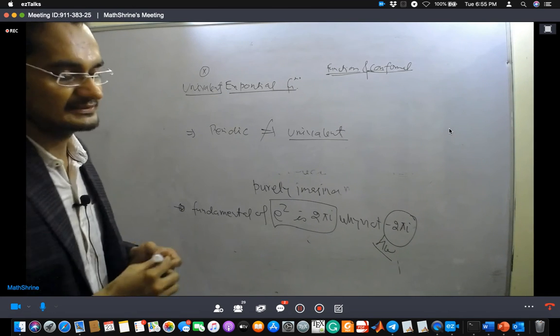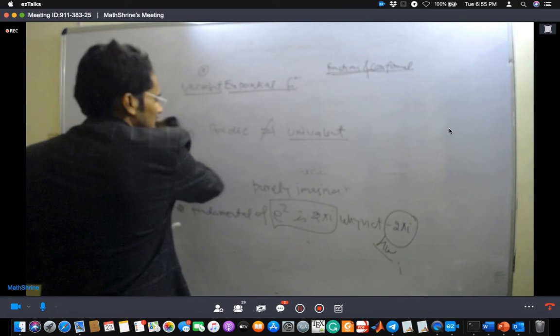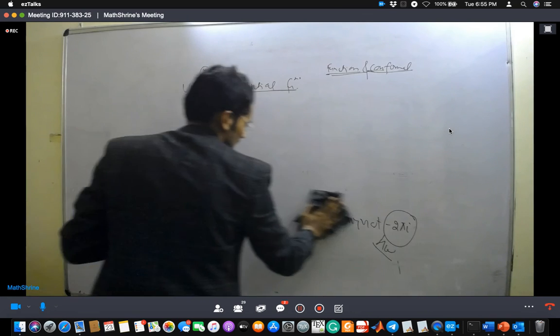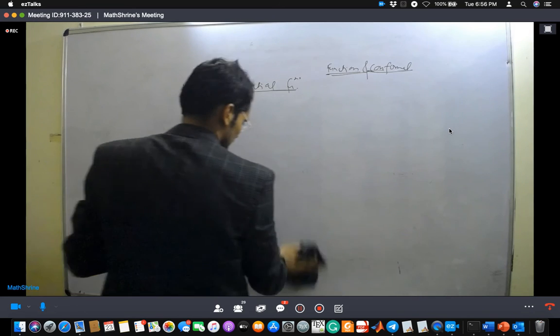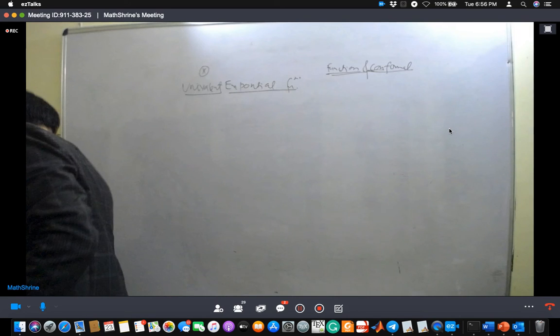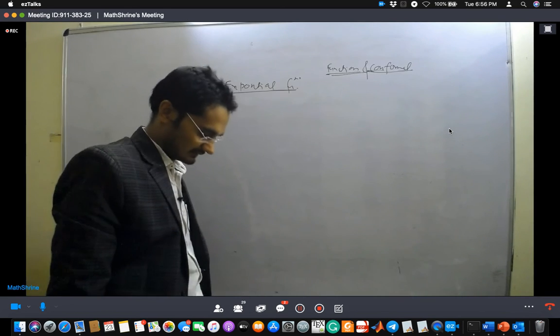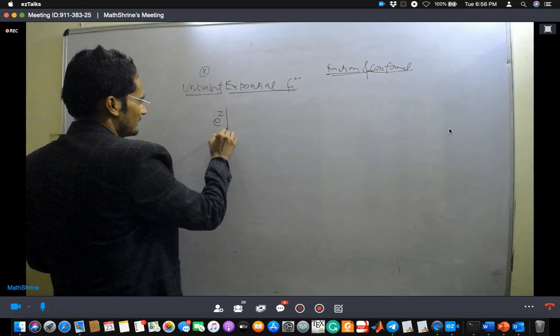If we remember, |e^z| will be e^(x+iy), which will come out as e^x times e^(iy). Since cos squared plus sin squared is 1, this simply comes out as e^x.